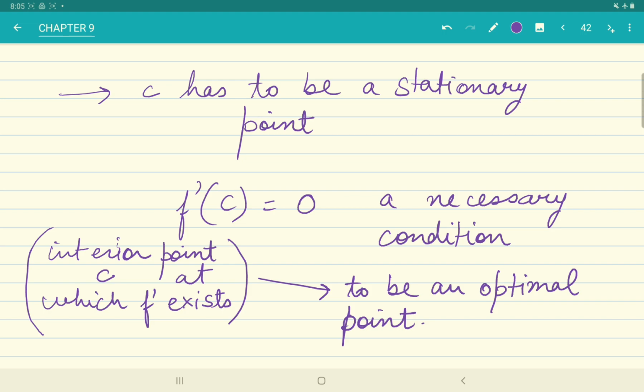Now please keep this in mind, f prime C equal to 0 is not sufficient. That means there can be stationary points, but those are not optimal points.